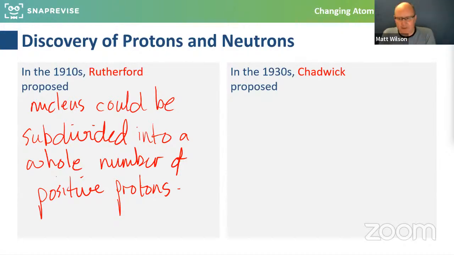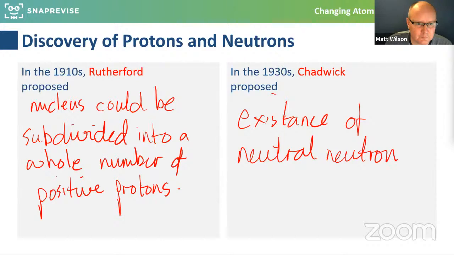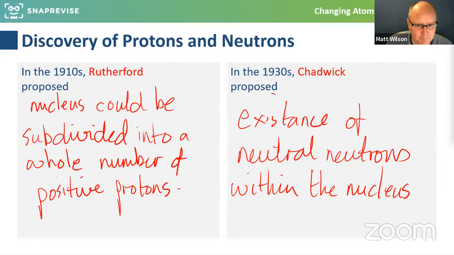So in 1910, Rutherford proposed not just one positive lump in the nucleus, but many protons. And in the 1930s, Chadwick proposed that there were also neutral neutrons within the nucleus. And the neutron discovery was a lot later than the proton one.